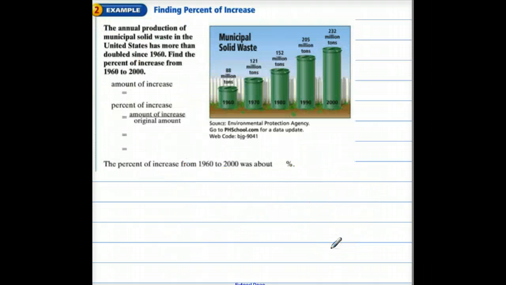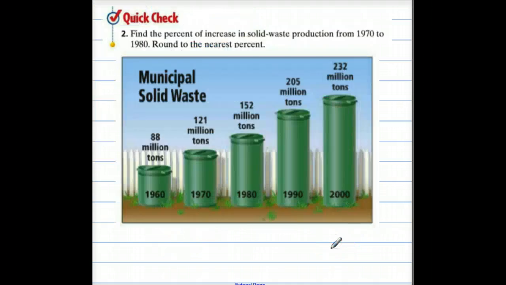We're going to do an example of percent increase but with a word problem. We want to find the percent of increase in solid waste production from 1970 to 1980. So 1970 is 121 million, and in 1980 there was 152 million. So my formula, change over original. Here's my original, 121. I'm going to put that on bottom.